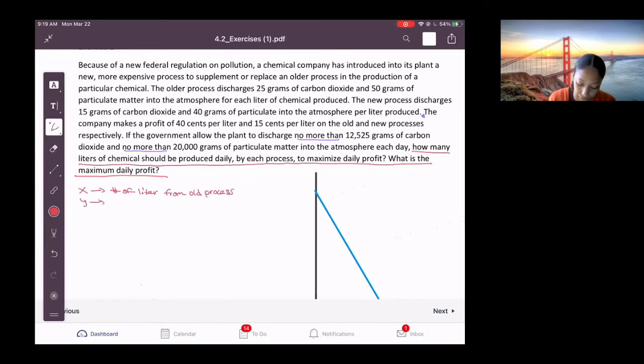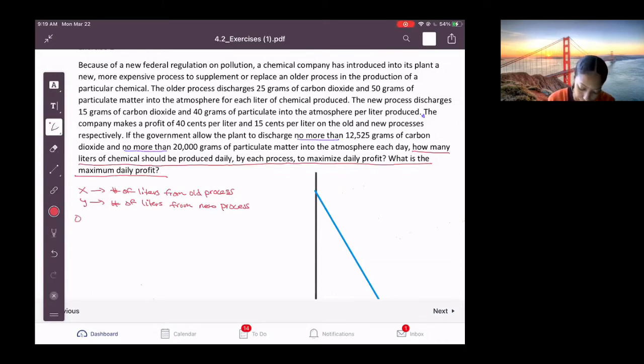And we'll let Y be the number of liters produced by the new process. The idea is the company wants to use a combination of the two to try to maximize their profit and also meet the government regulations for the amount of pollution that they can let off, okay?